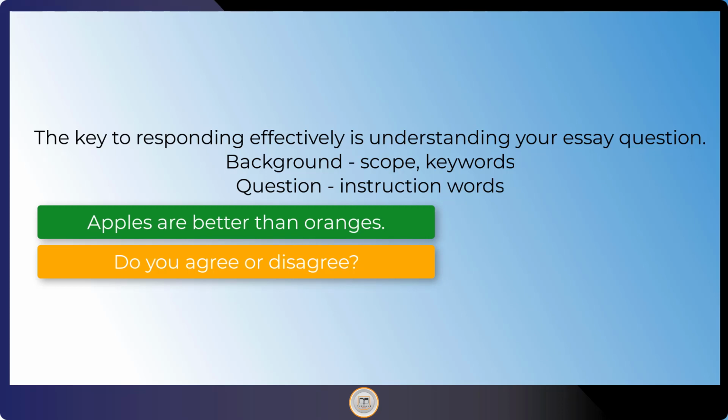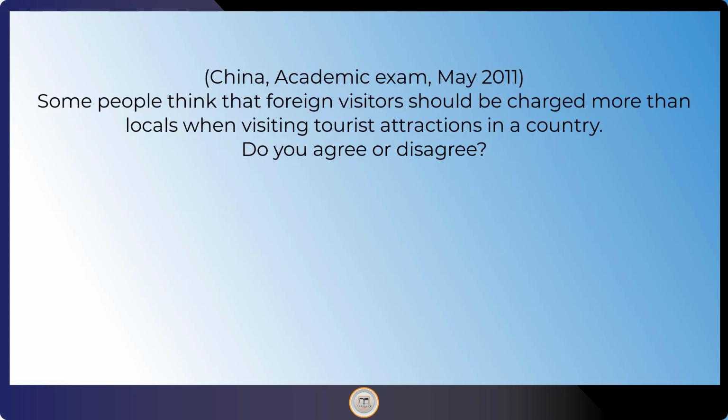Okay, now to show you a real example of this, and to show you how the question portion of the task can change the style of essay you will write, I'd like to use this example, which is from the academic examination that was seen in China in May of this year.